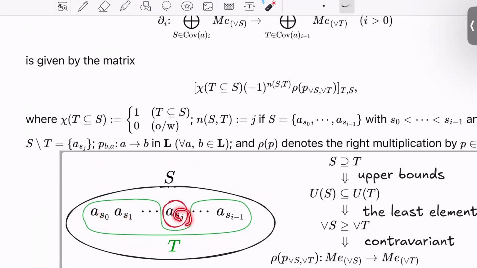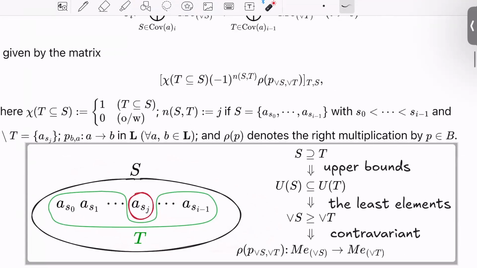We take this j, and this gives the sign, an alternating sum. And then there is just a multiplication by an element of B.